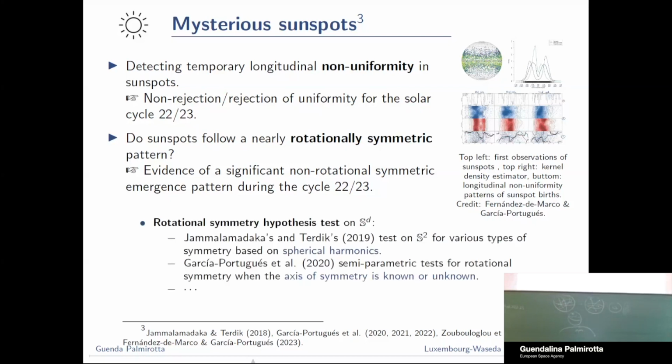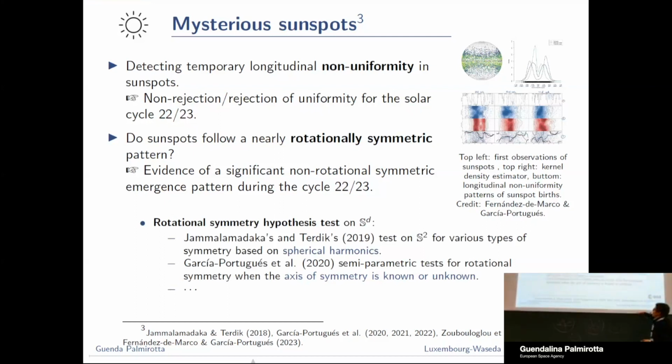And here you can use, for example, this test that I mentioned here. Okay, there are also other tests. In the picture that you can see on your right, the first one is the plotting of the sunspots for cycle 22-23. And then here, Fernandes, de Marques and Gata, Portuguese researchers, analyzed for every cycle the uniformity, whether there is a uniform distribution of the sunspots.